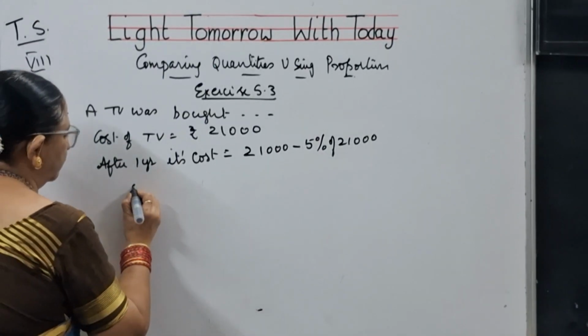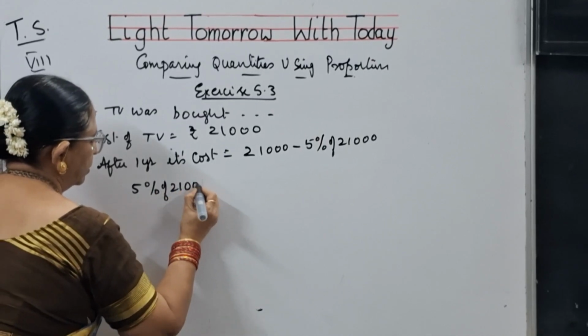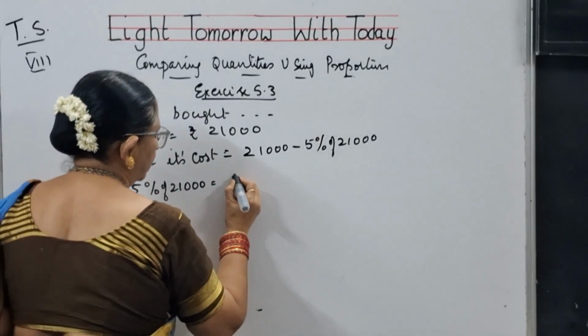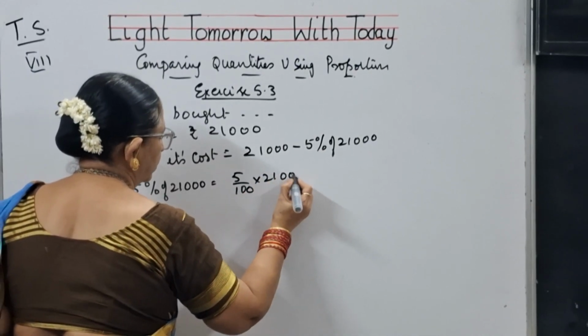So let us first find out what is 5% of 21,000. That is 5 by 100 into 21,000.